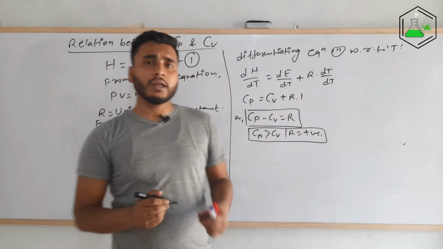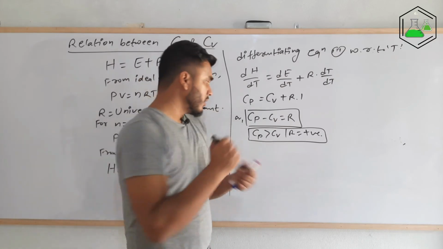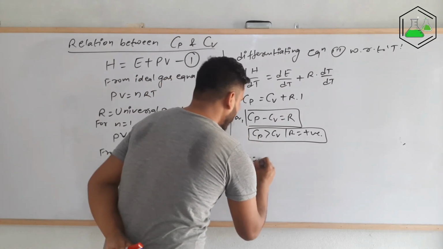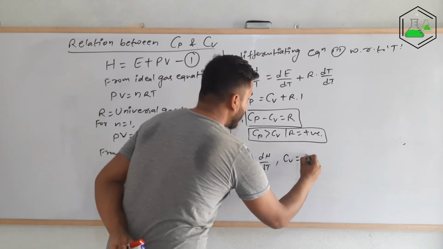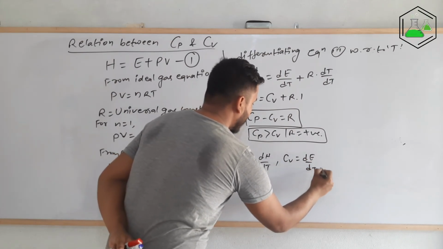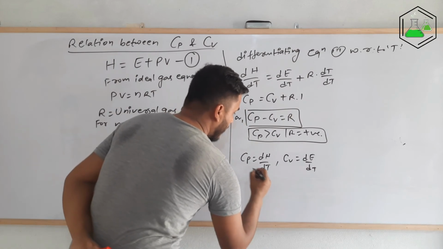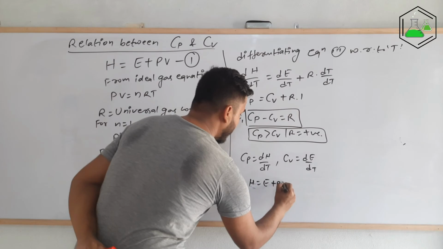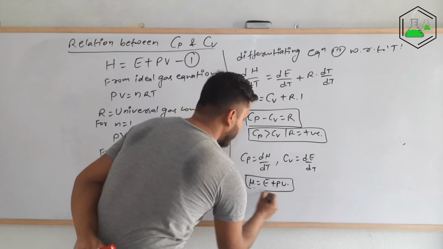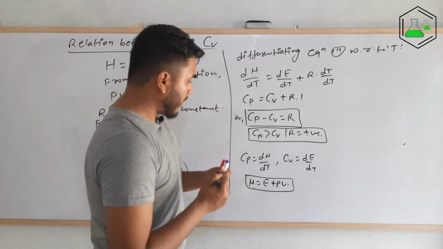Now there is a theoretical answer as well. We know that Cp is equal to dH by dT, right? And Cv is equal to dE by dT. What is dH? We know that enthalpy is equal to E plus PV, right? So what do we see?